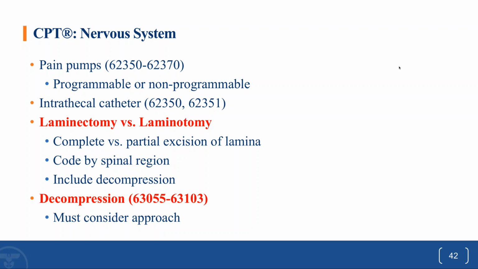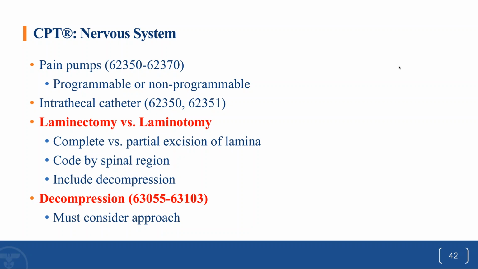What's also important is if it is bilateral, if it says bilateral in the question, you make sure you append modifier 50 for the bilateral procedure. Okay, so that's one interspace. Did you see that? CPT code 63030 is one interspace, and then you have 63035 for each additional interspace.